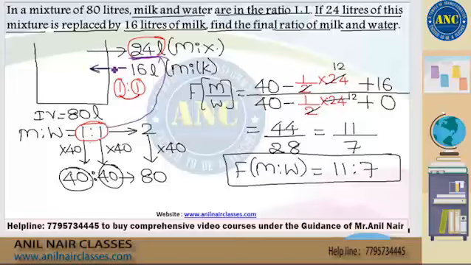Here something extra is added, so you should take care of that extra parameter and only then simplify it. Otherwise you will get an incorrect answer. I believe the idea is very, very clear for you people.